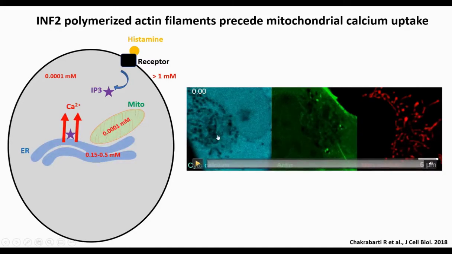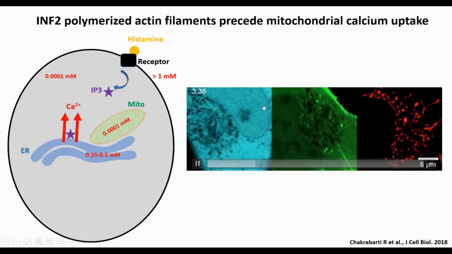What you will easily be able to see is there is a rise of calcium first in the cytosol, which is followed by the actin response, and which is followed by the mitochondrial calcium uptake. What's also intriguing to see is, this region here is the nucleus of the cell, and this region here is the perinuclear region, which is studded with the ER. And you will see that the calcium rises first in this region and then spreads along in the whole cell.